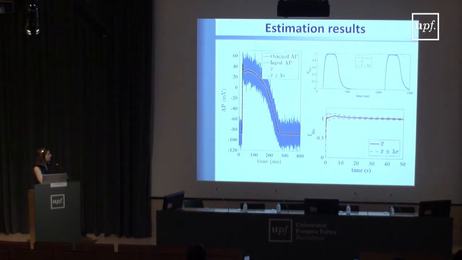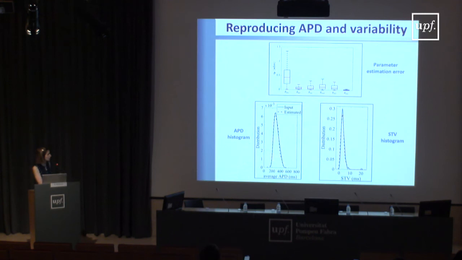We have the noisy data, then the filtered data, and we estimate here one of the ionic gates in the model, so one of the state variables of the model, and one of the parameters of the model that had this value, and we have this method converging to the value that was in the synthetic data that we used as an input.